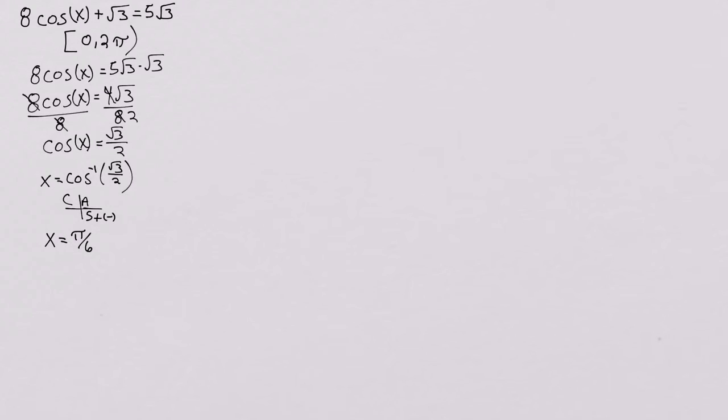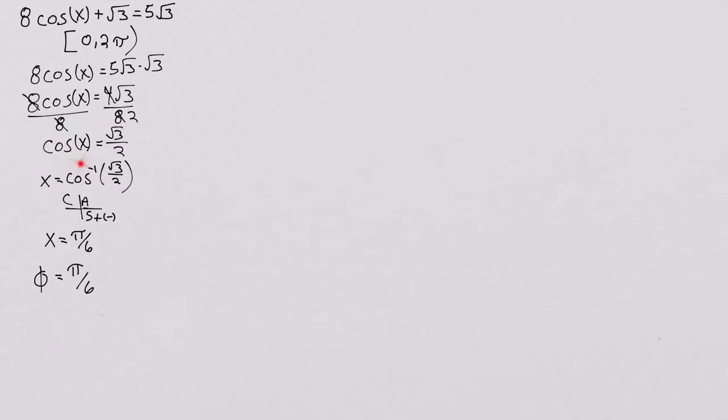We now need to get my reference angle so we can solve this problem. What's nice, pi over 6 is in quadrant 1, so my reference angle phi is actually going to be pi over 6. Now we're ready to actually solve this equation.